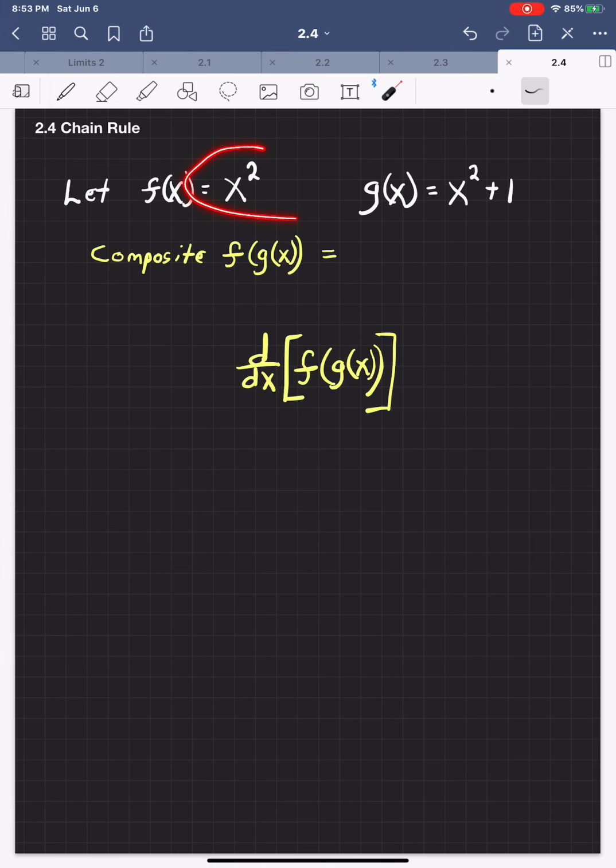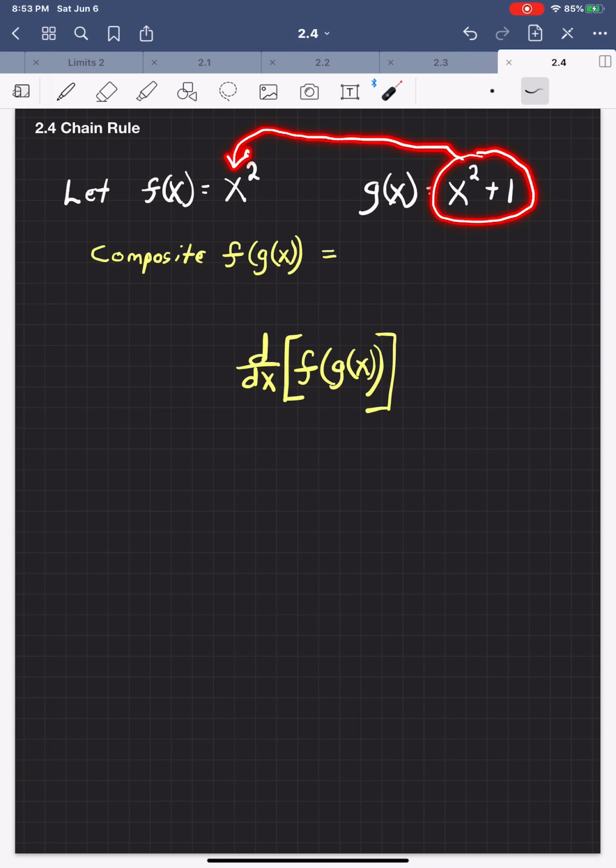Another way that we can combine these functions is through composition, right? We can compose a new function that we'll call f of g of x. In other words, we can take g of x and substitute it in for x inside of your f function.